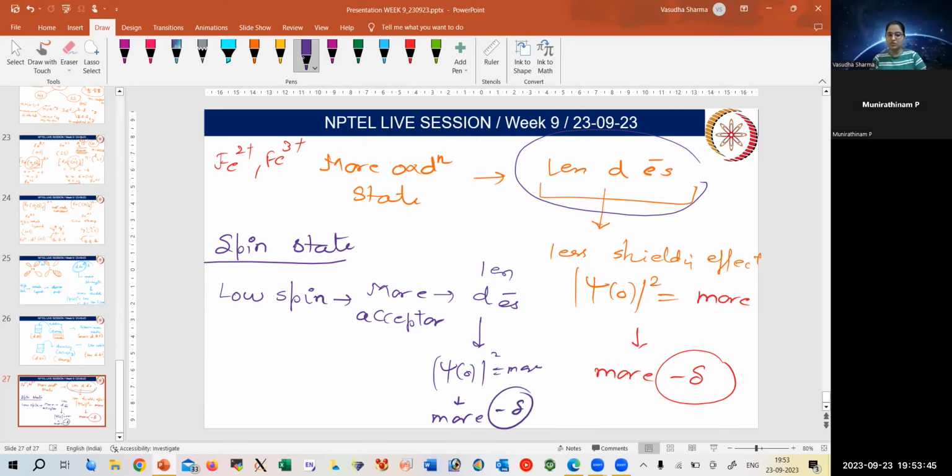Clear? Low spin means it would be having more accepting ligands, that is, they are going to take water from the glass. That means fewer d electrons, and with fewer d electrons, less shielding effect, more s value. More s value means more negative delta.